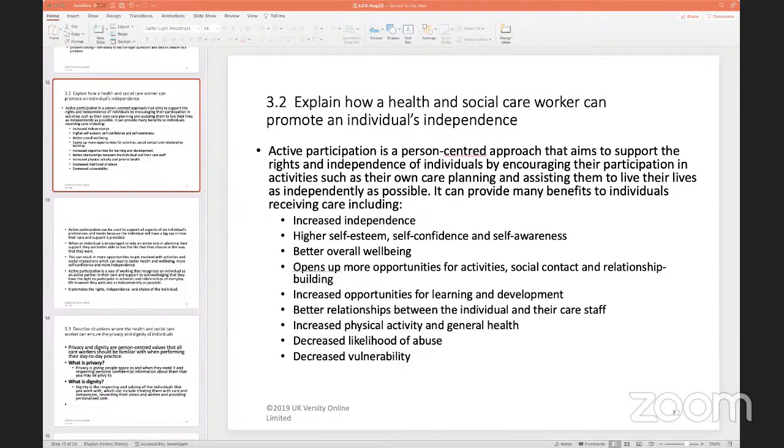So when we talk about how health and social care workers can promote individual independence, we need to look at one of the main principles of person-centered care, and that is active participation. The aim of active participation is to support the individual rights and independence of the individuals by encouraging them to participate in activities which could help in planning or creating a care plan for them as an individual, which would suit their lifestyle, and essentially allow them to take control of it.